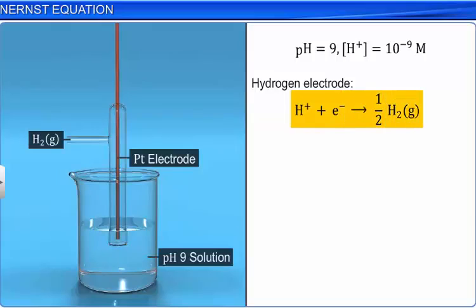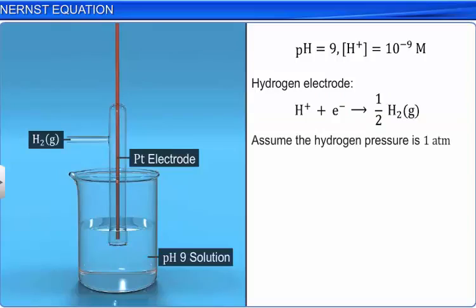We'll assume that the pressure of hydrogen is held at 1 atmosphere. From the equation, we see that 1 electron is involved, so n equals 1. By convention, the standard potential is 0 volts.